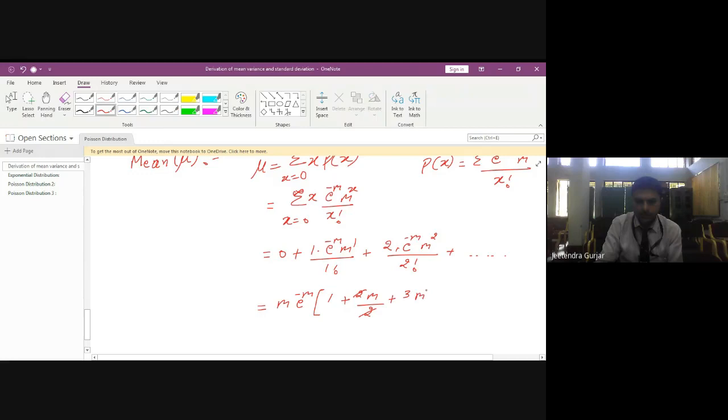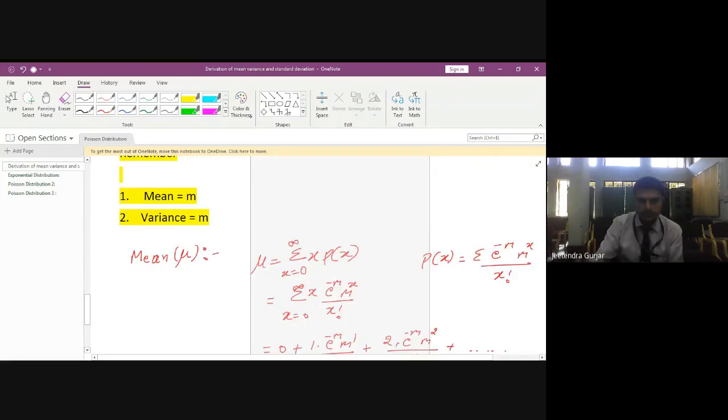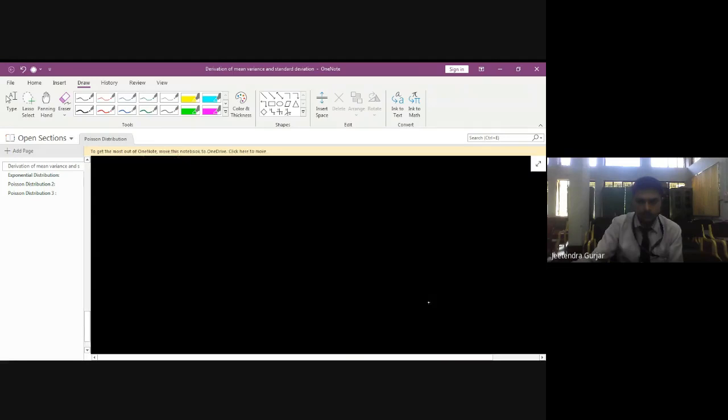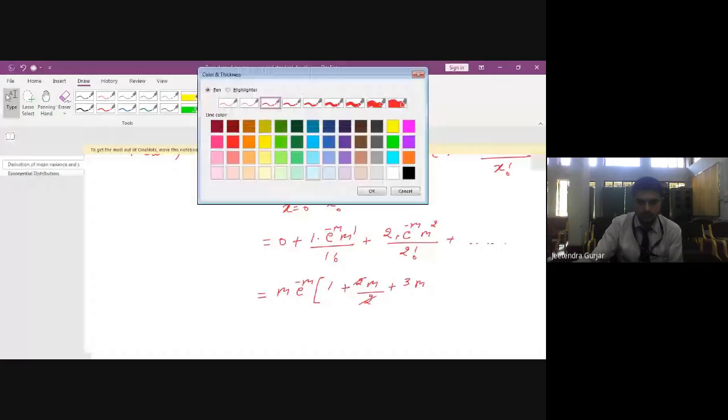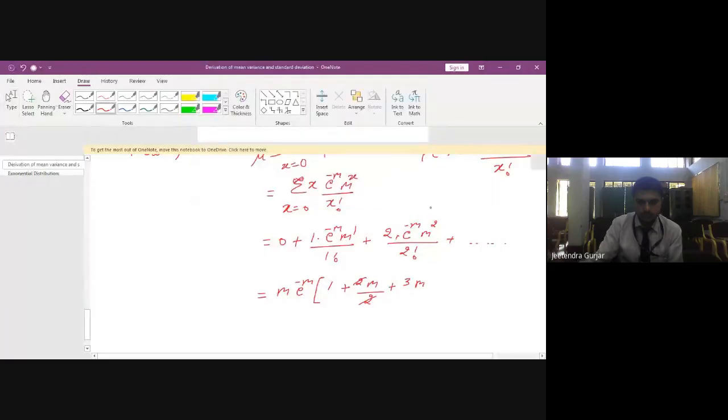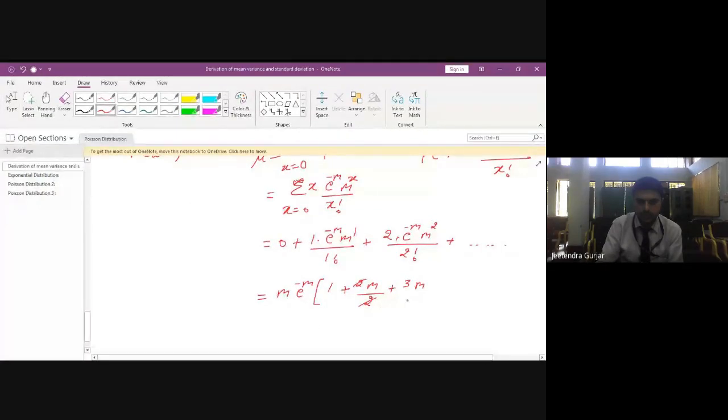So here you can see you are going to get this as m square divided by, yes, 3 factorial.